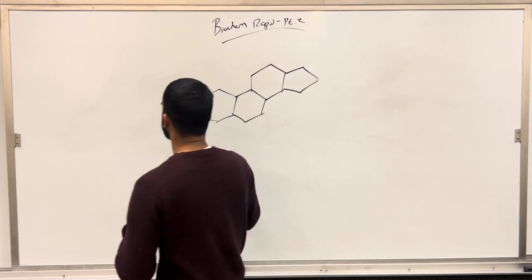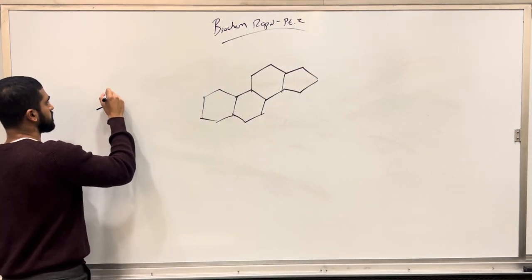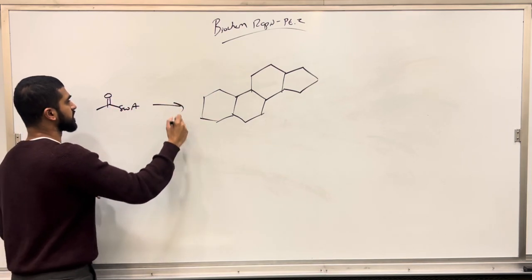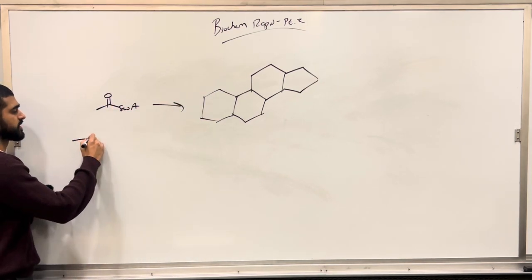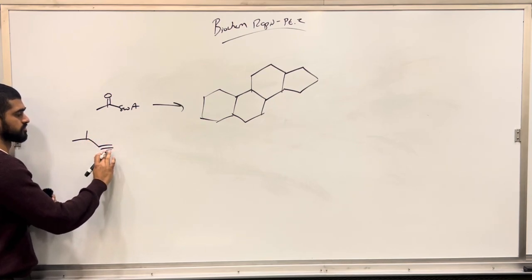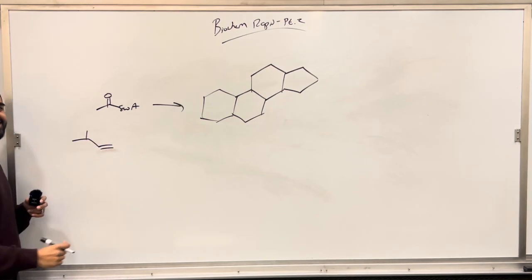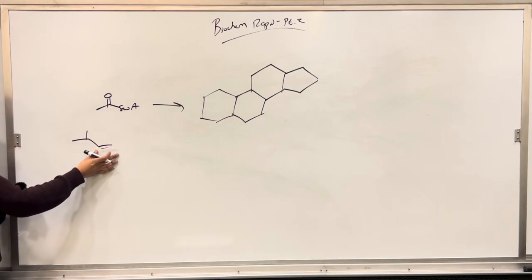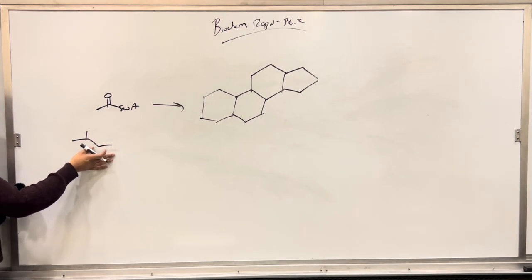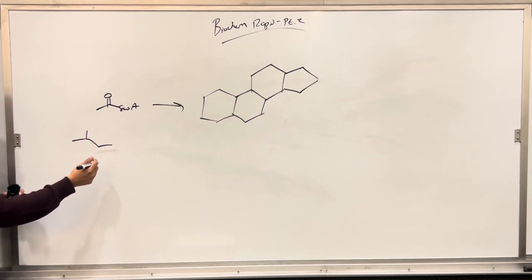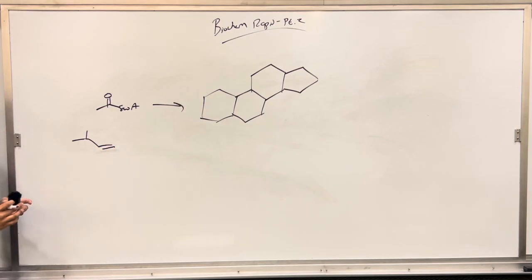Acetyl-CoA, right? So we turn this guy into that guy. But also they want you to know about this guy. Is it like this or is it like this? Is there a double bond? Yeah. There is, right? And I always got confused by this.